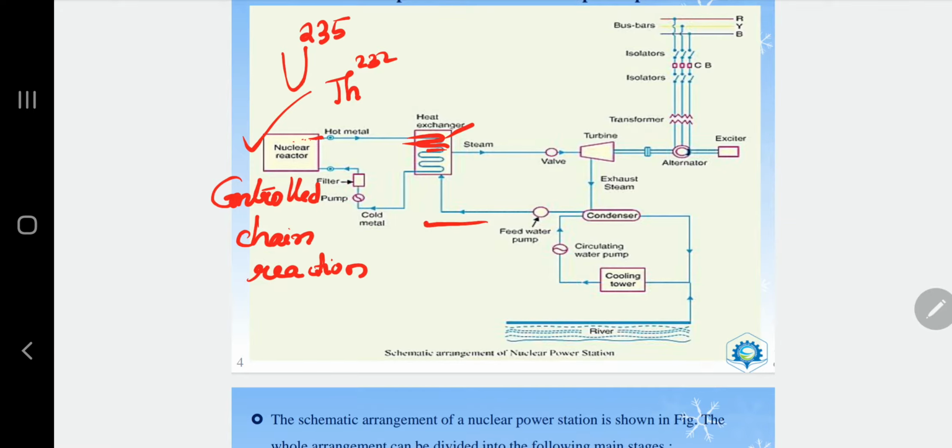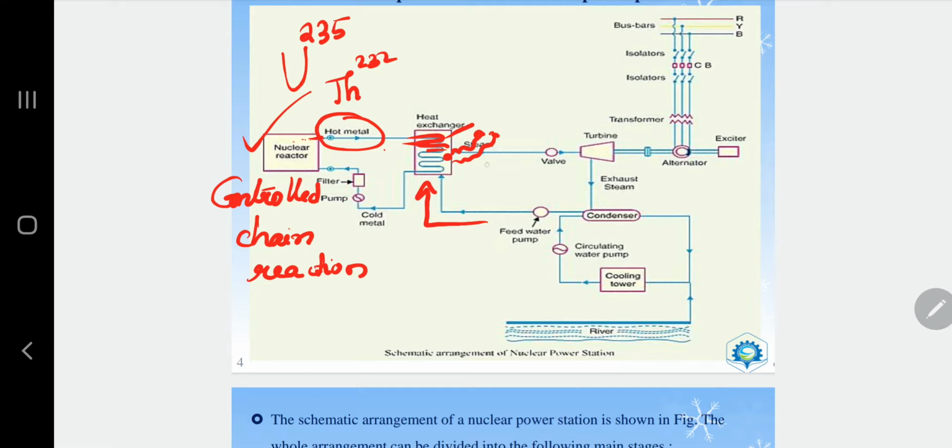Water which is coming from the condenser is taken into the heat exchanger. The heat of the hot metal is passed towards the water, and this water is converted into steam. The remaining cold metal, whose heat has been exchanged with the water, is again pumped back into the nuclear reactor.